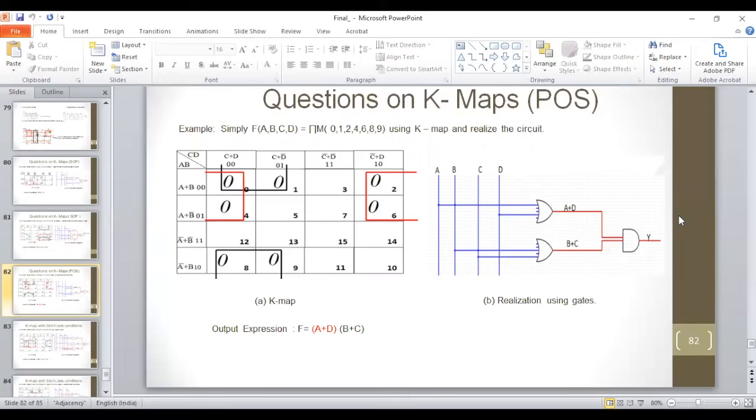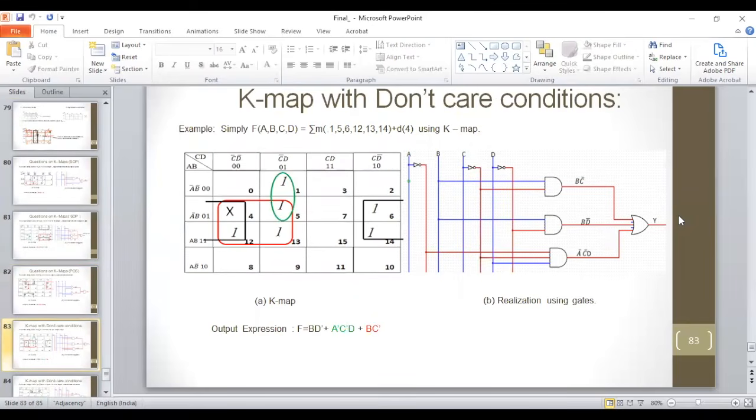But now the question arises, sir, if one element is left, what can we do? The answer is, if one element is left, we are given don't care conditions, which are represented by summation of d. Like in this case, you can see this would be left out. We cannot repeat it again, or we can repeat it again, but in the doublet format.